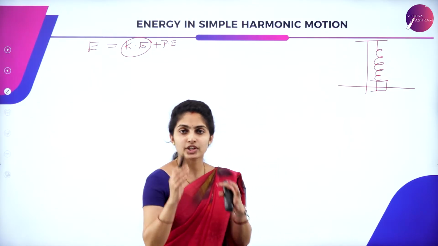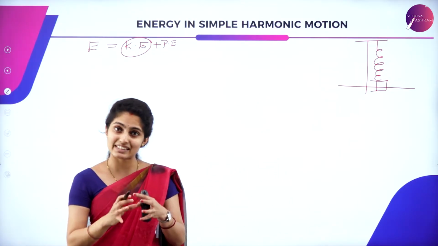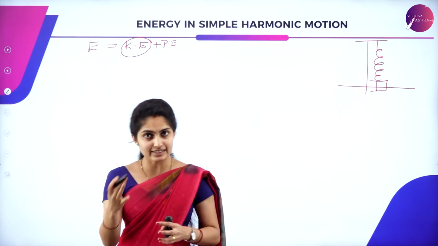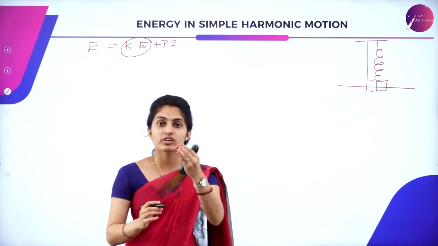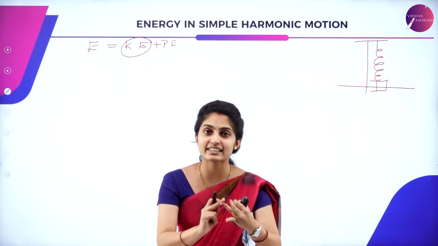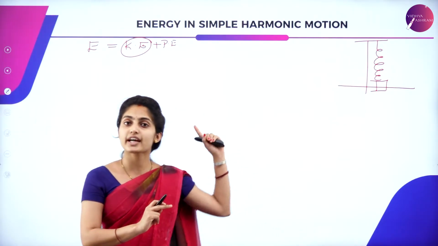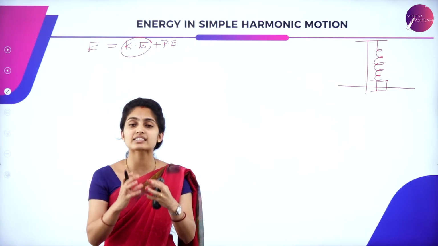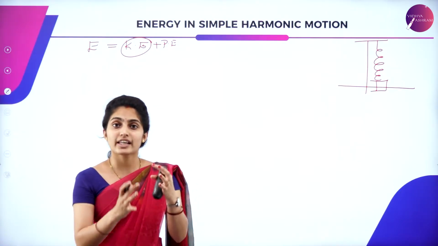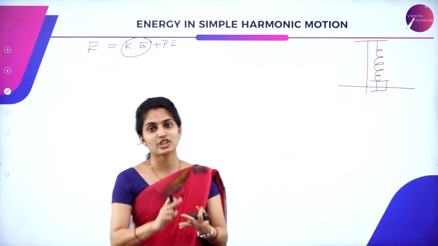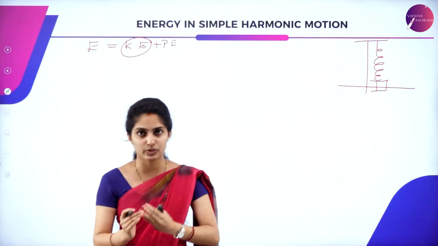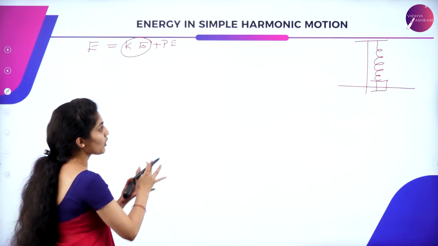At the mean position the kinetic energy is said to be 0 and the velocity is 0, but the potential energy is maximum. And when it starts oscillating, there is velocity and there is kinetic energy, because I told you the kinetic energy is the one which acts along the work is done. So kinetic energy is maximum, velocity is maximum. At that moment the potential energy will be 0. It's vice versa.